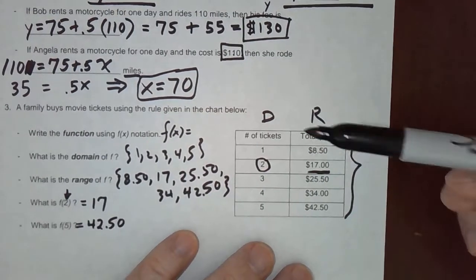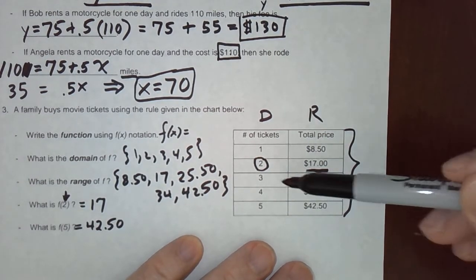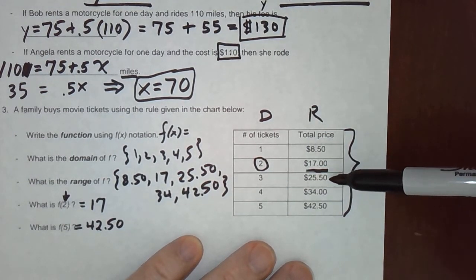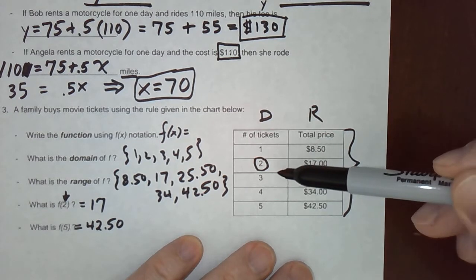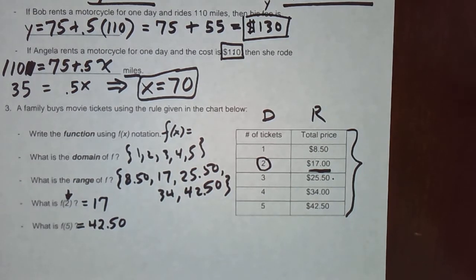Well, as I mentioned earlier, if you'll notice, for example, for the number 3, this number $25.50 is just 3 times $8.50. So these tickets are $8.50 each.